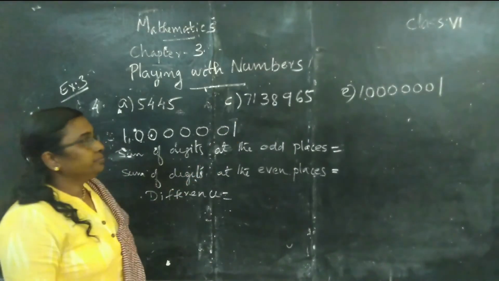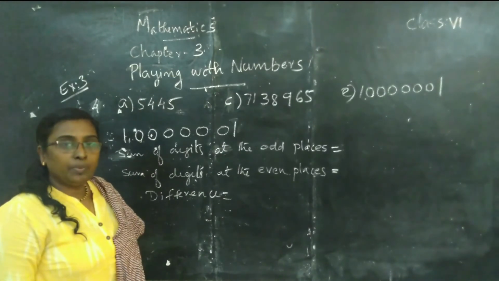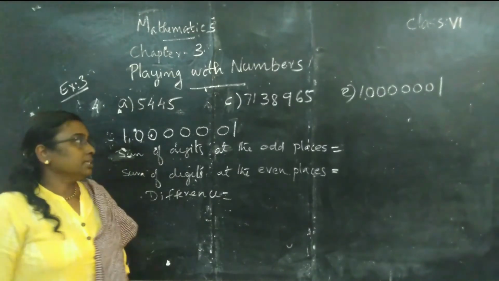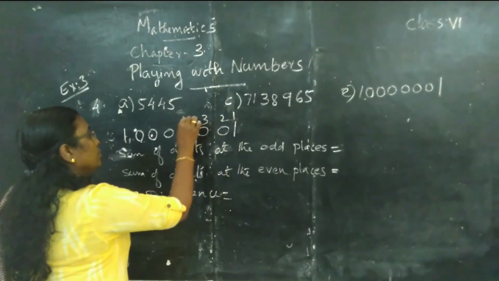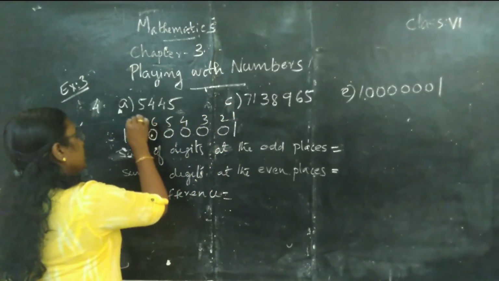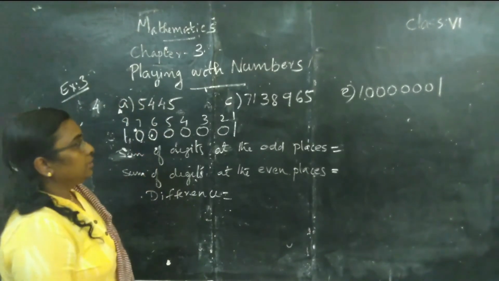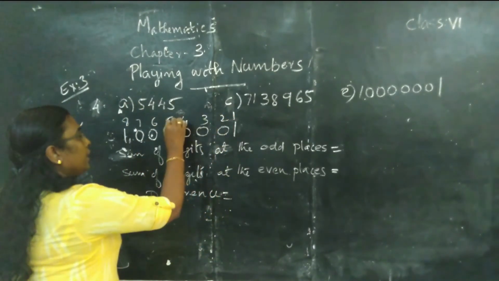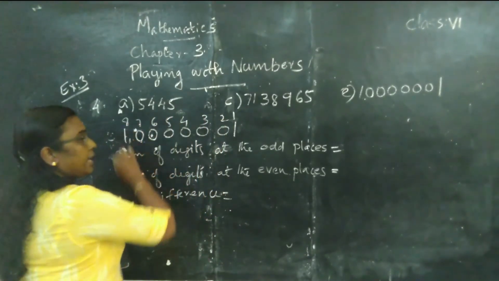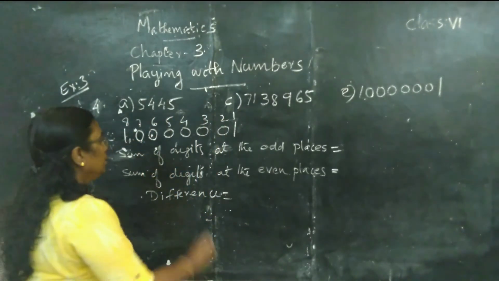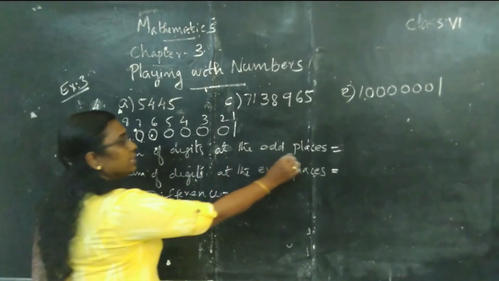Here also we find the digits in odd places and the even places. The places are 1, 2, 3, 4, 5, 6, 7, 8. The places 1, 3, 5, 7 are the odd places, and 2, 4, 6, 8 are the even places. So find the sum of digits at the odd places.